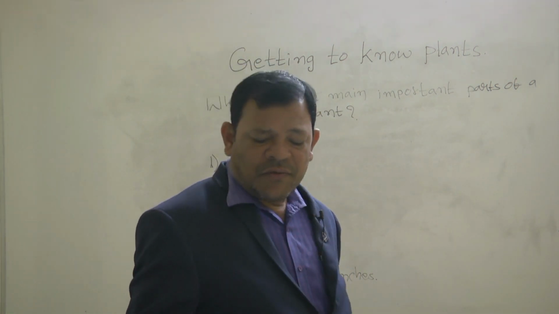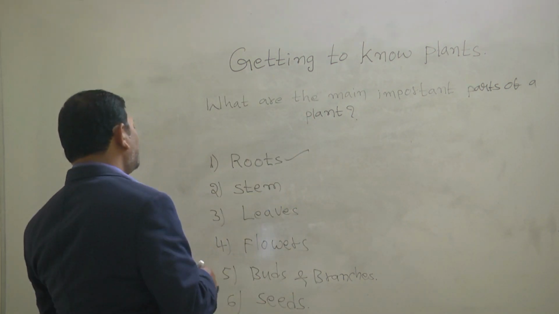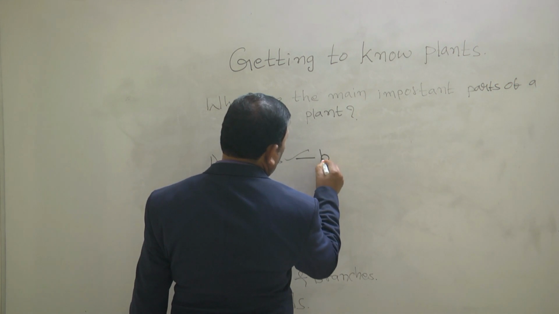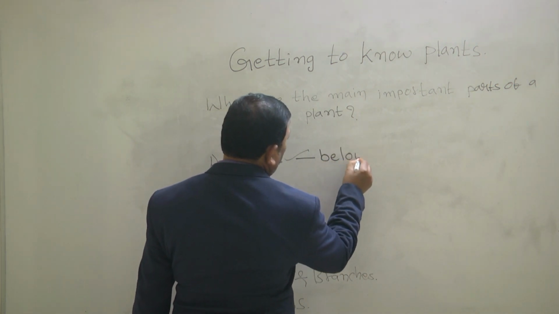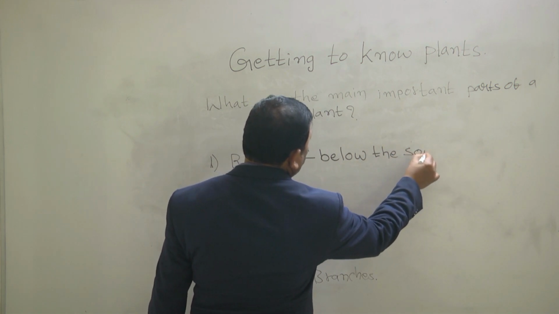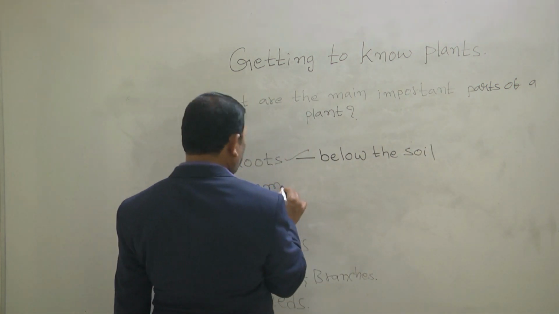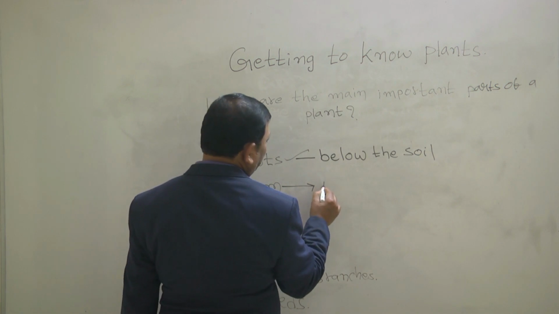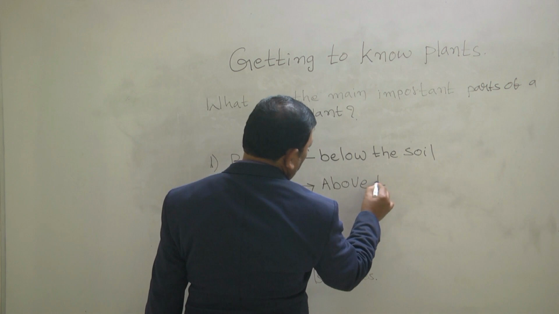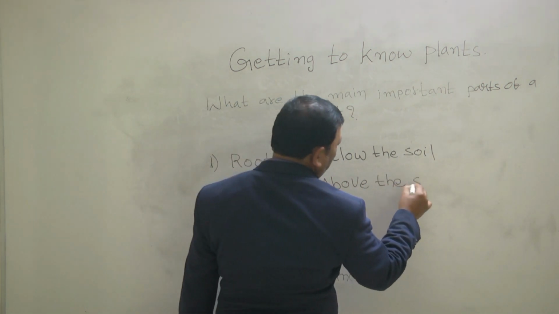Okay. Where are they present? Roots are present below the soil. The stem is present above the soil.